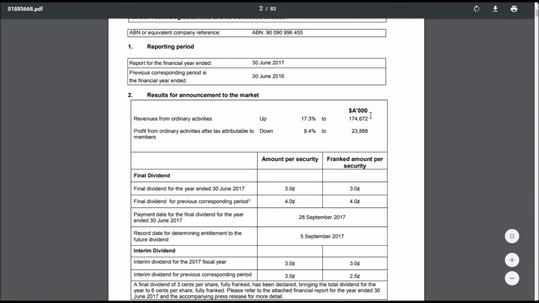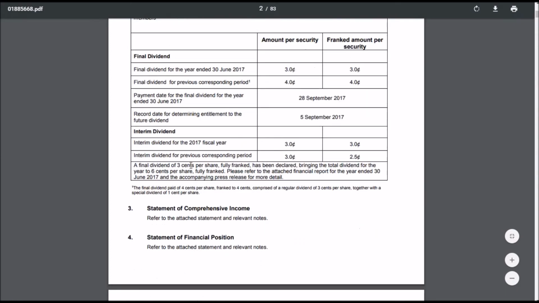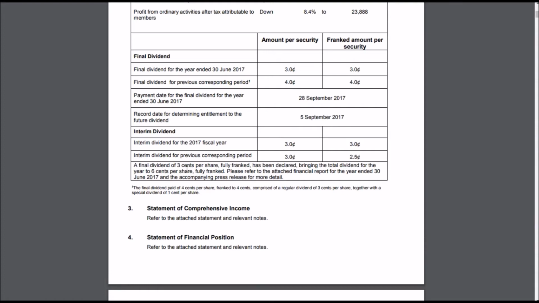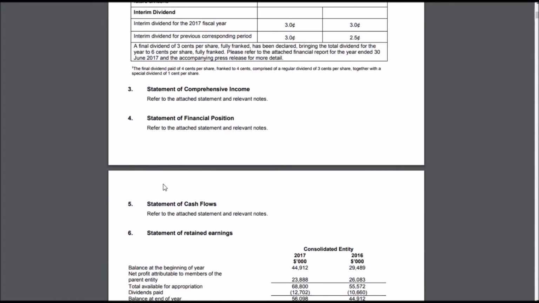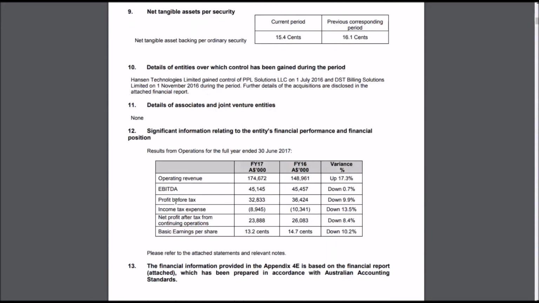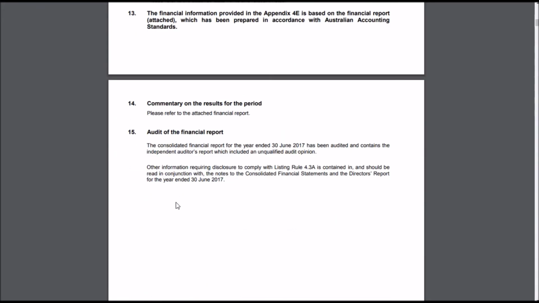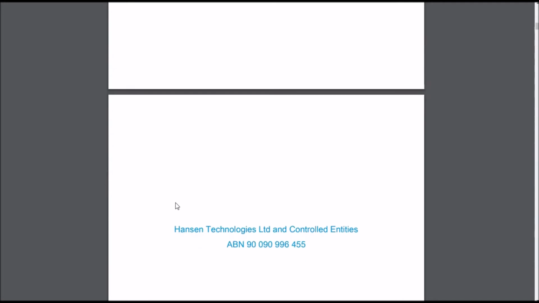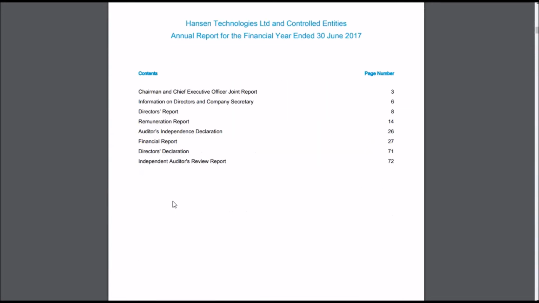It'll tell you what the revenues are and those sorts of things. I personally don't pay too much attention to that because all that information will come later in the return, and you can read it for yourself. So generally skip over that part there. I may come back and look at it later, but for now, not interested.